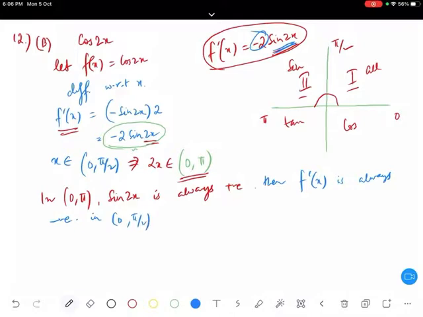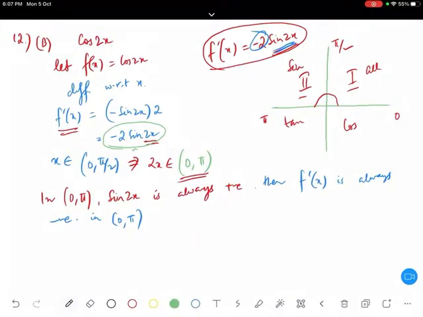Wait, I made a mistake in here. F dash x is always negative in 0 to pi, right, here 0 to pi. Hence, write down, let me correct this one nicely.